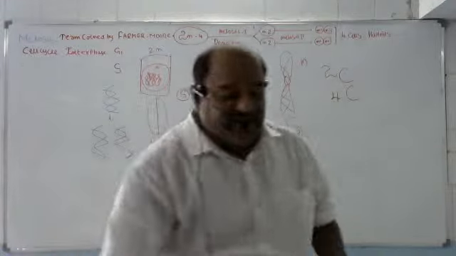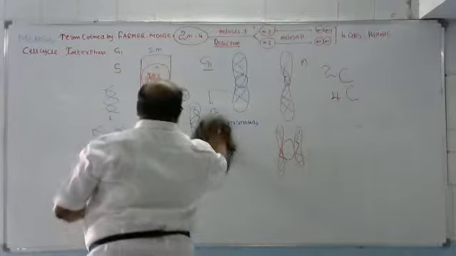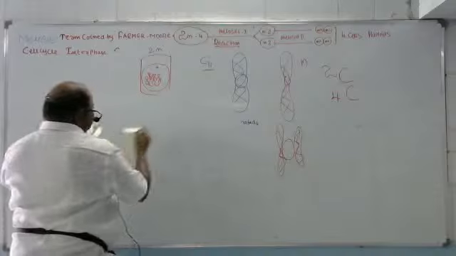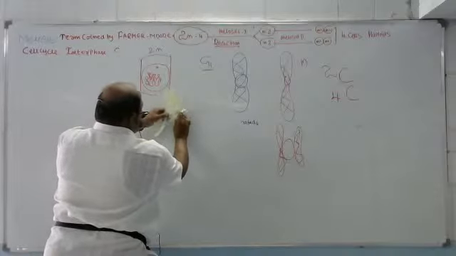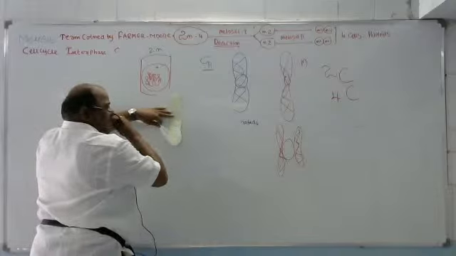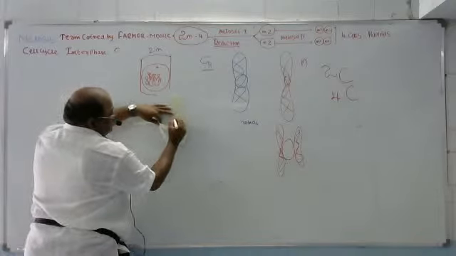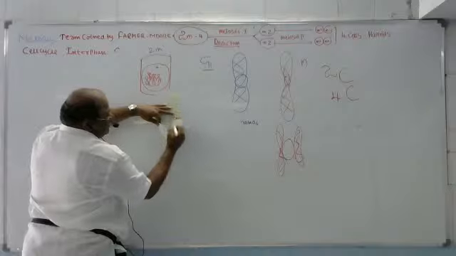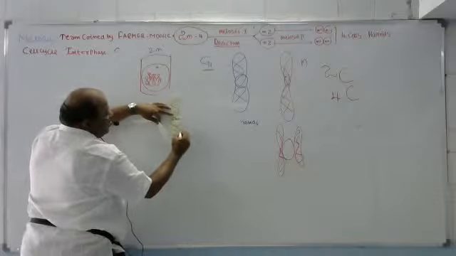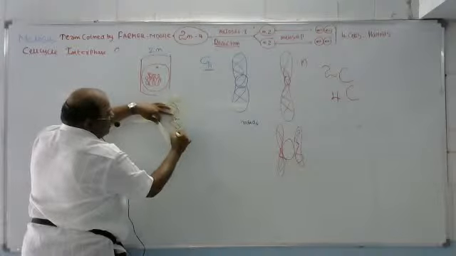During this process, how they will be formed: if you take, this is the chromosomal arm. Within this one, this is the centromere region. Now, this is the one DNA molecule.